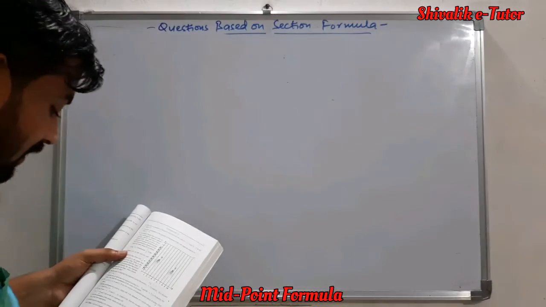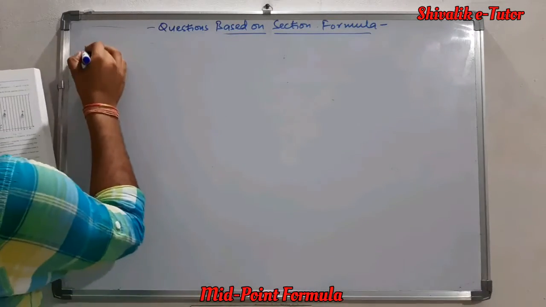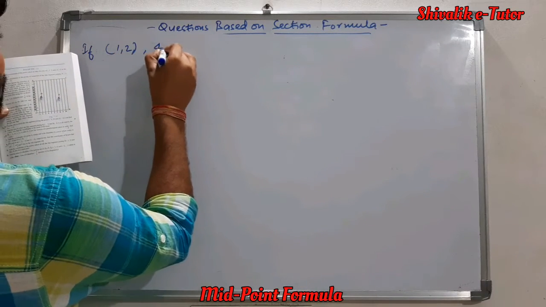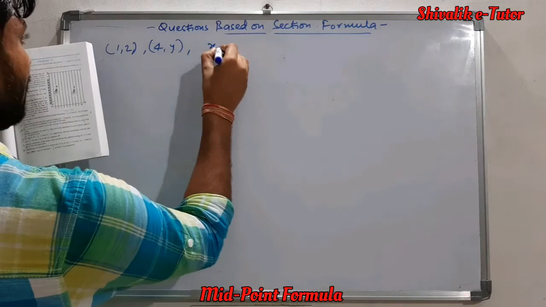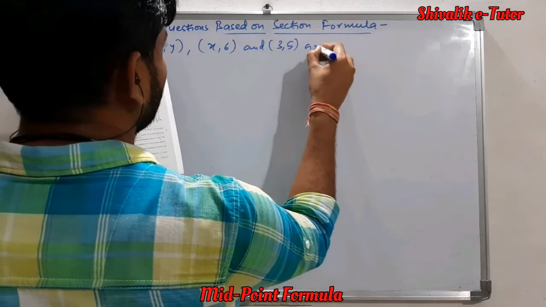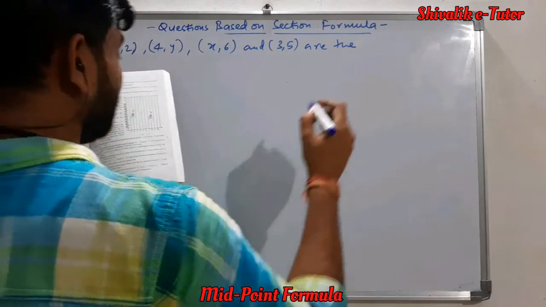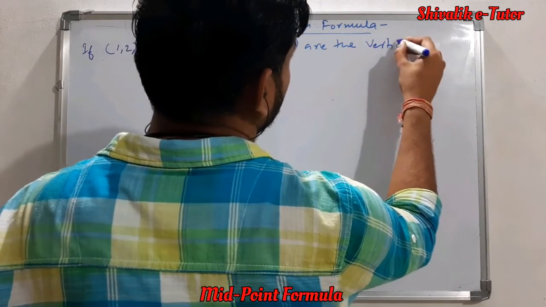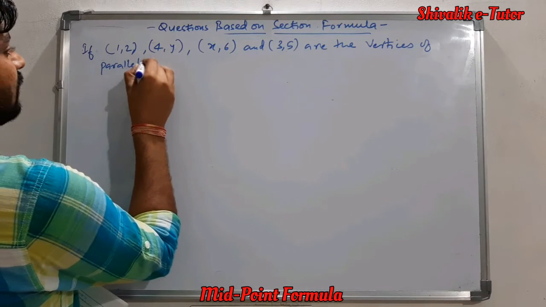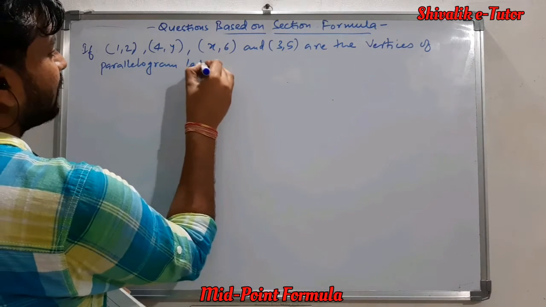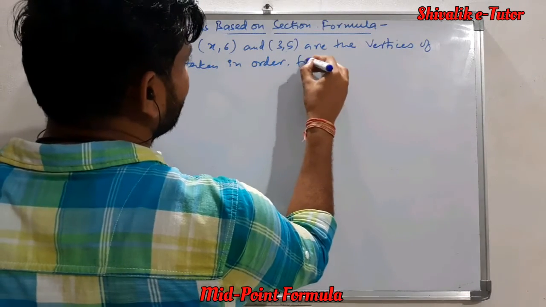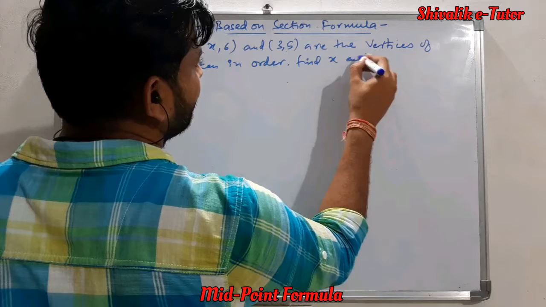The question is something like this: if (1, 2), (4, y), (x, 6) and (3, 5) are the vertices of a parallelogram taken in order, we have to find x and y.